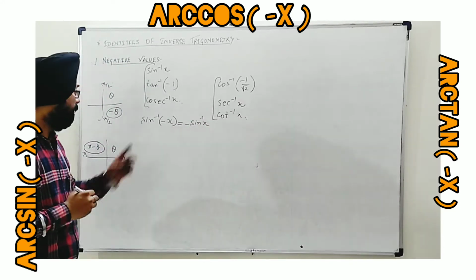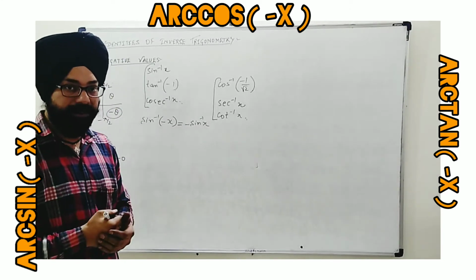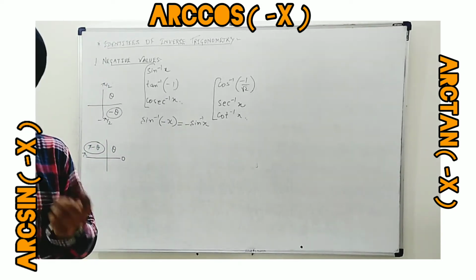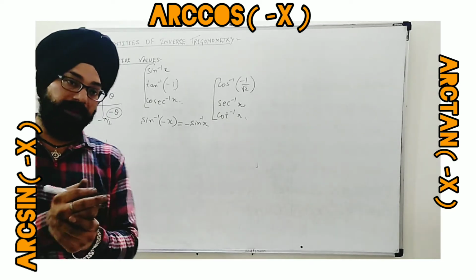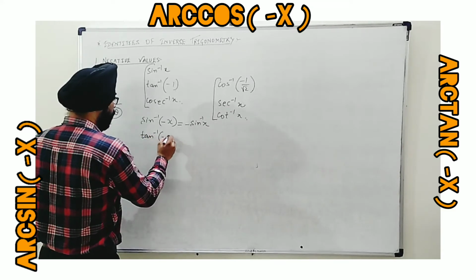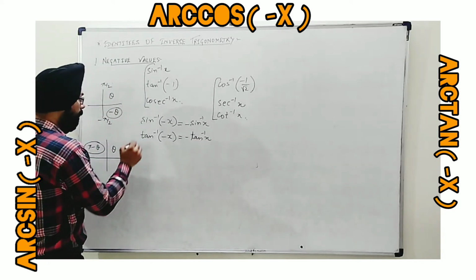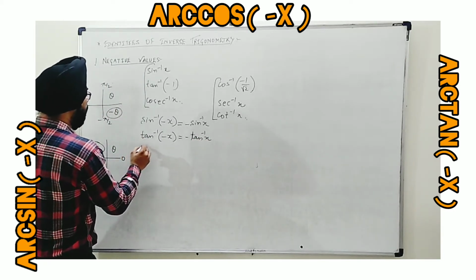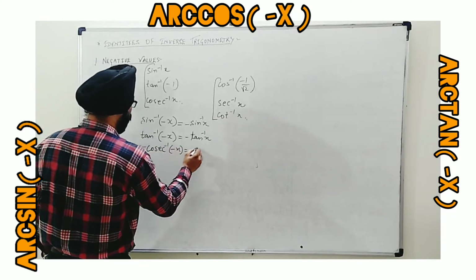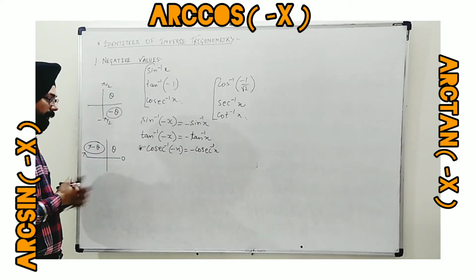This is similar to sine of minus theta being equal to minus sine theta. So minus can be written out of the function. Similarly, tan inverse minus x can be written as minus tan inverse x, and cosec inverse of minus x as minus cosec inverse x, simply taking the minus sign out.